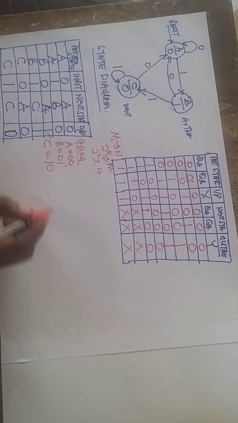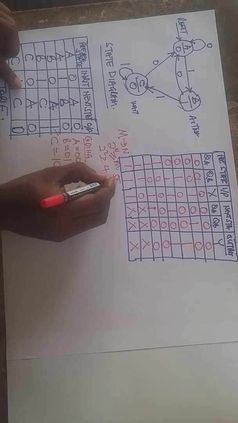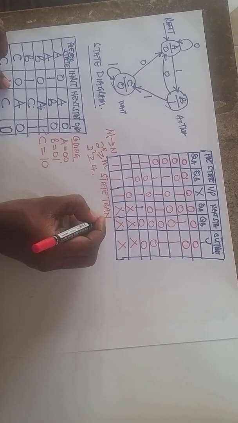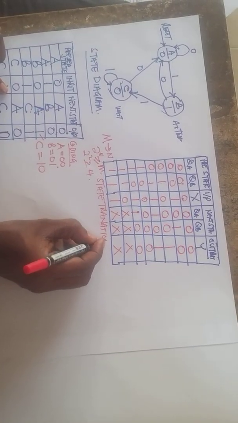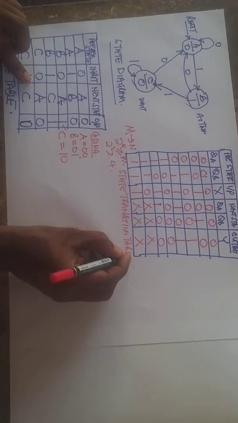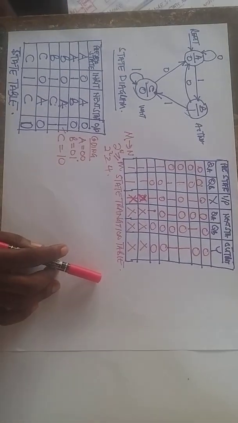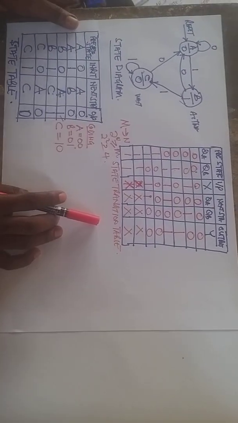Okay, so this becomes my state transition table.